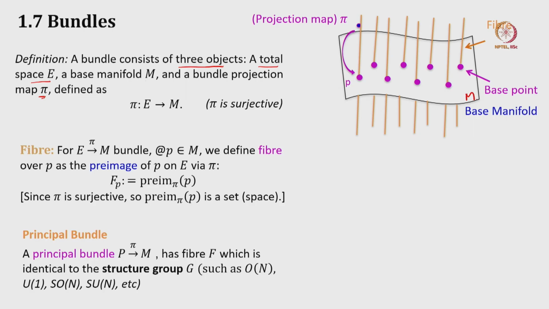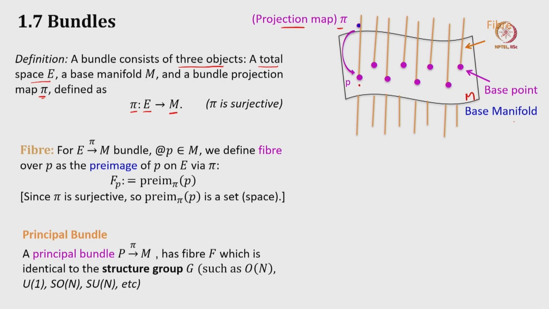What it does is that it takes you from the total space, which is roughly this entire space, fiber and base manifold, to the manifold. If you do it at a given point, elements are taken to a given point. So, that is the projection map.